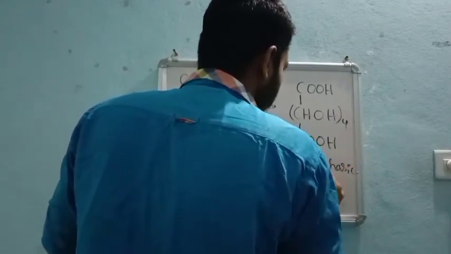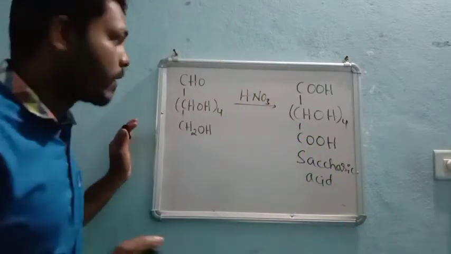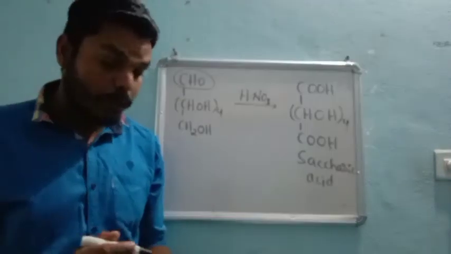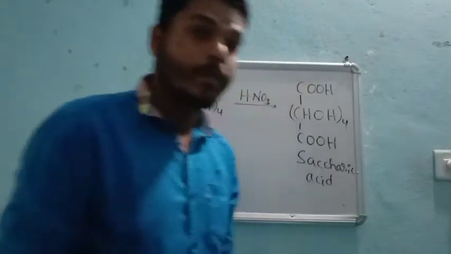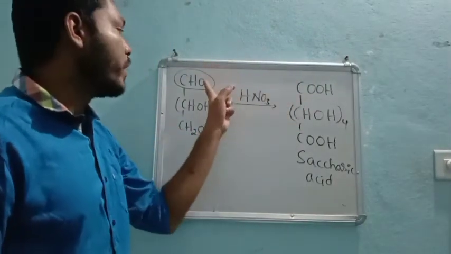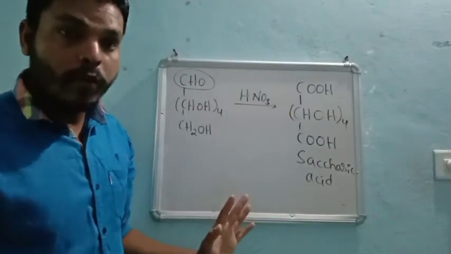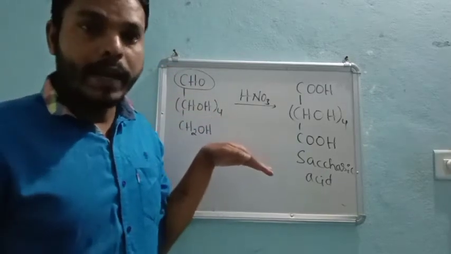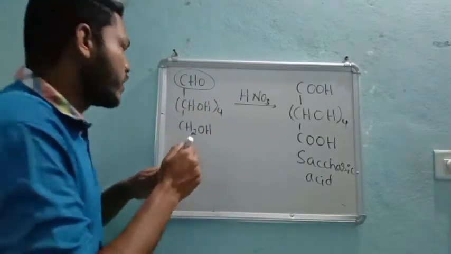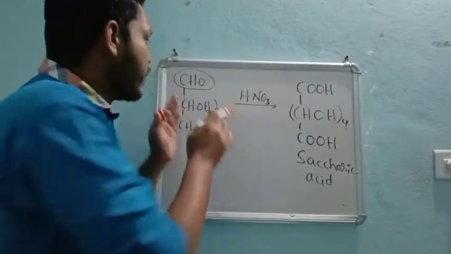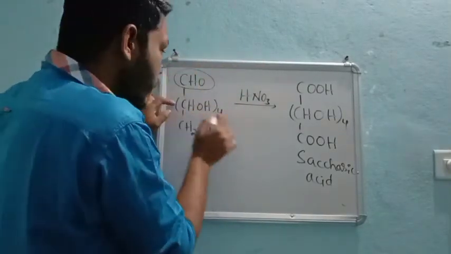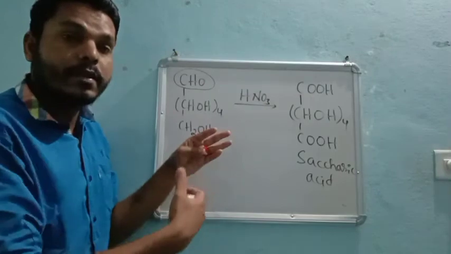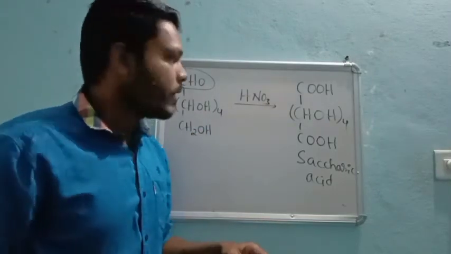Here there is no OH group, but because of the C double bond O, the carbonyl group, it can undergo oxidation. It is also the topmost carbon and has no steric hindrance. Steric hindrance means crowd. There is no crowd here, so it reacts directly, but elsewhere there is a crowd. As the molecule extends, the crowdedness increases.